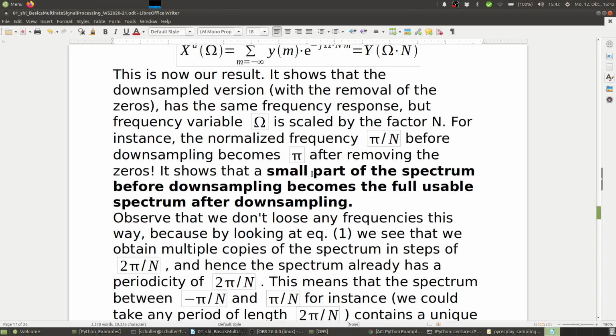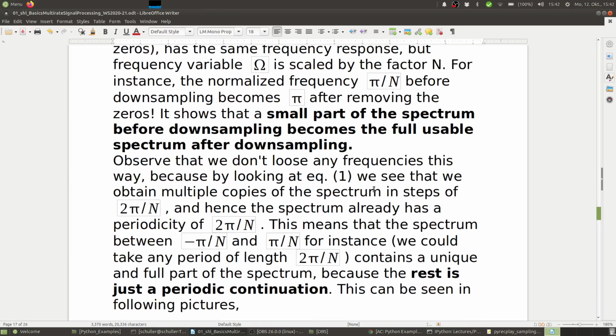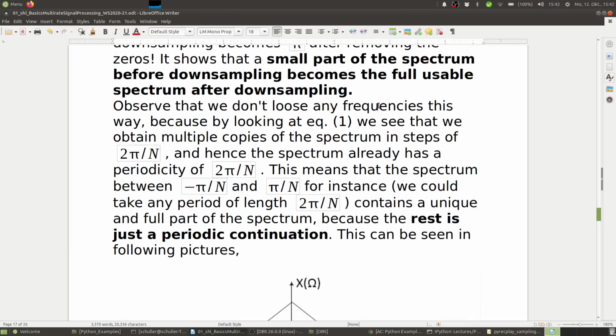It shows that a small part of the spectrum before downsampling, up to pi over N, becomes the full usable spectrum after downsampling, because it becomes pi. Observe that we don't lose any frequencies this way, because by looking at equation 1, we see that we obtain multiple copies of the spectrum in steps of 2 pi over N after the sampling, and hence the spectrum already has this periodicity of 2 pi over N.